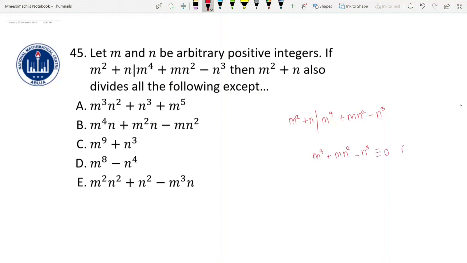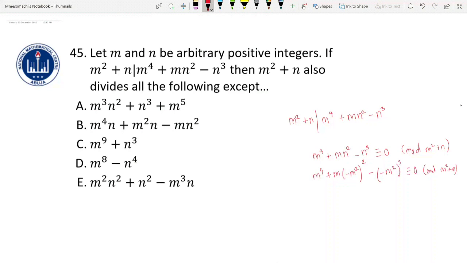So we can replace n with negative m squared, and so this is equivalent to m to the fourth power plus m times negative m squared, minus negative m squared cubed, congruent to 0 mod m squared plus n.